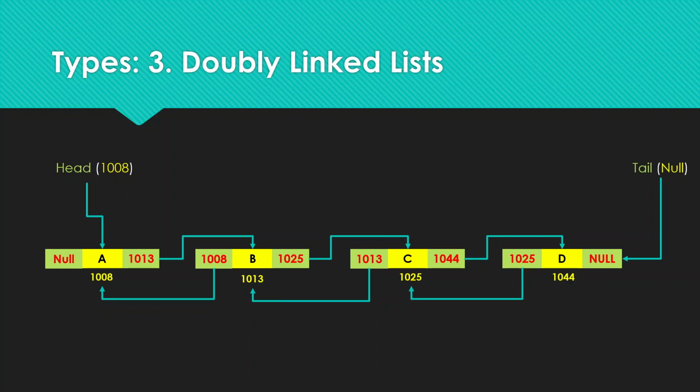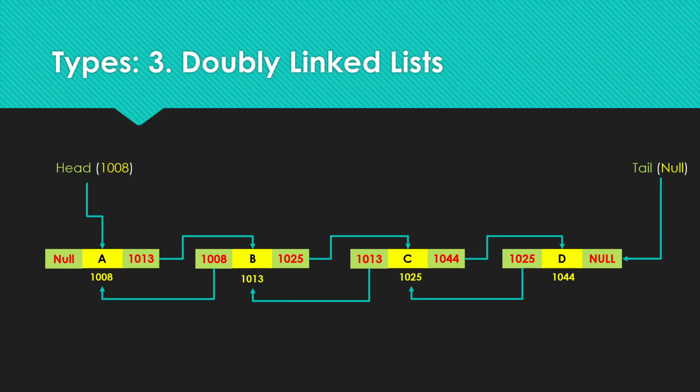A doubly linked list is important in scenarios where you need to both traverse the list forward and backwards. One of the real-world applications of this that I'm sure you've used is the browser's history.